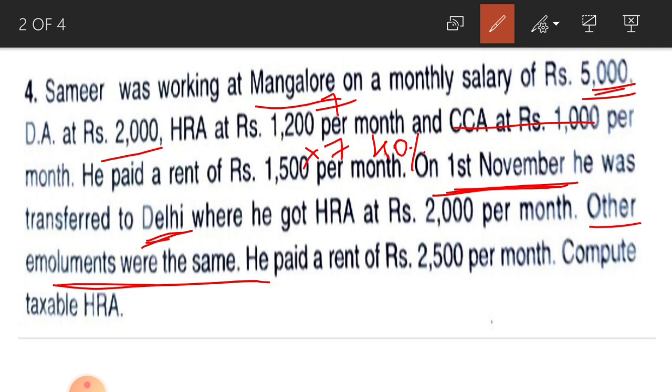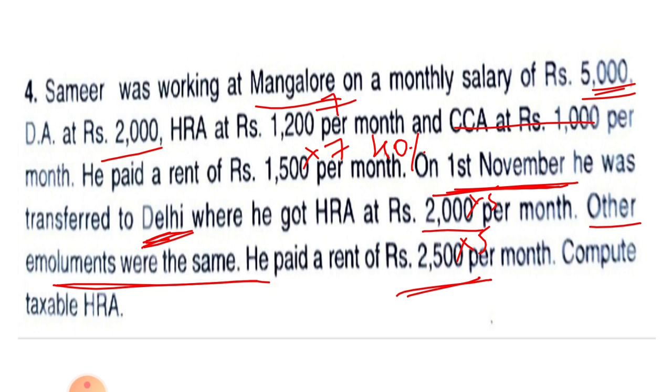HRA was increased to 2,000 per month and rent he paid 2,500 per month. All these things you have to consider for 5 months: HRA for 5 months, rent paid for 5 months and salary of 5,000 for 5 months. And here the second transfer was made to Delhi, that means Delhi comes under metropolitan city, so 50% of salary you have to consider.